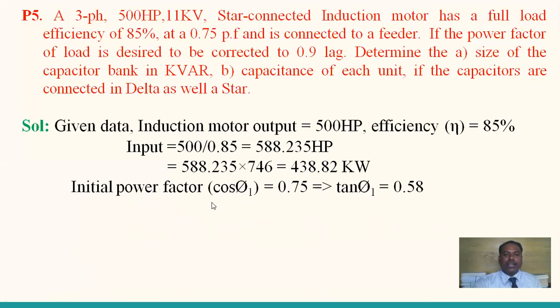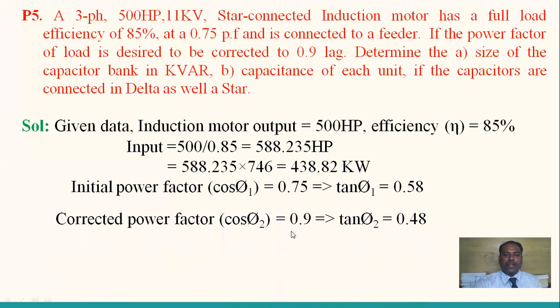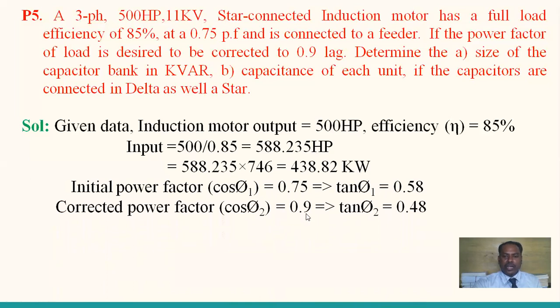And the initial power factor cos phi 1 is equal to 0.75, tan phi 1 is equal to 0.58. And the corrected power factor cos phi 2 is equal to 0.9 and tan phi 2 is equal to 0.48.